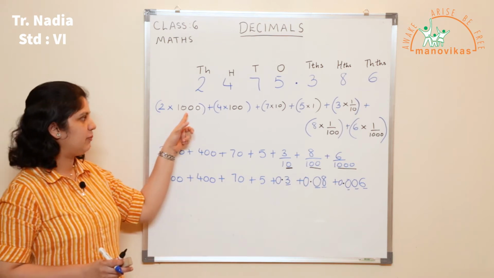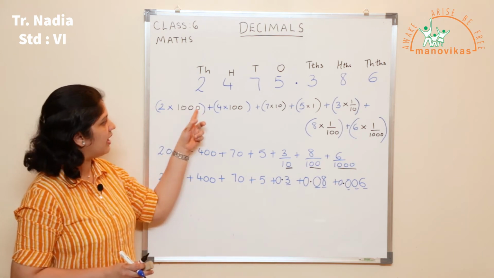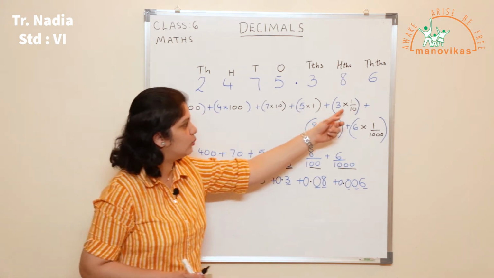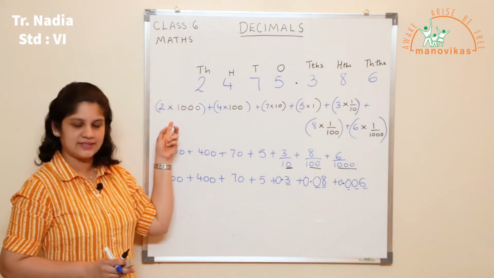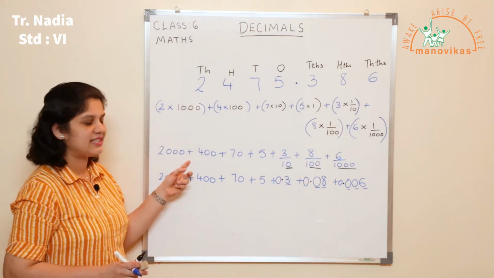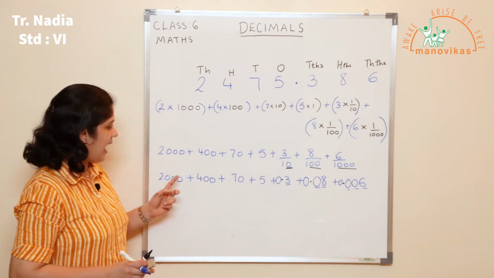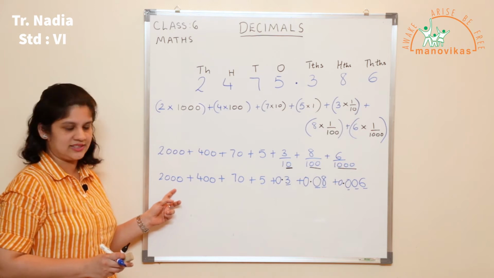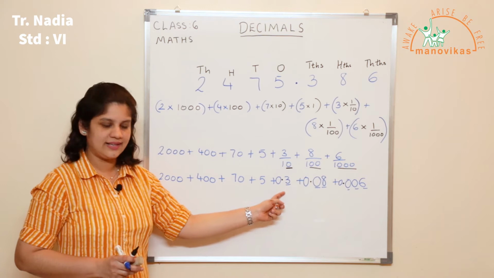So this is how you will work the expanded form. Your first step will be showing this step where you multiply by 1000, 100, 10, 1, 1 upon 10, 1 upon 100, 1 upon 1000. This is going to be your first step. This will be your second step where you open up and write your answer like this. And this will be your third step where instead of fractions upon 10, you write them as decimals.